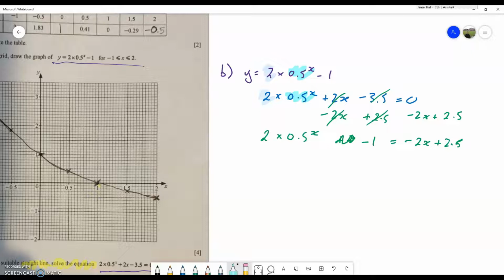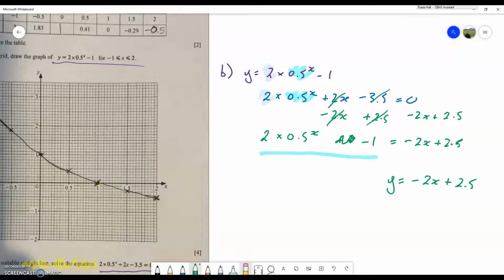So, because we have already graphed this left-hand side, if I graph the right-hand side with the equation y is equal to minus 2x plus 2.5, wherever those two lines intersect will be what our answer is.